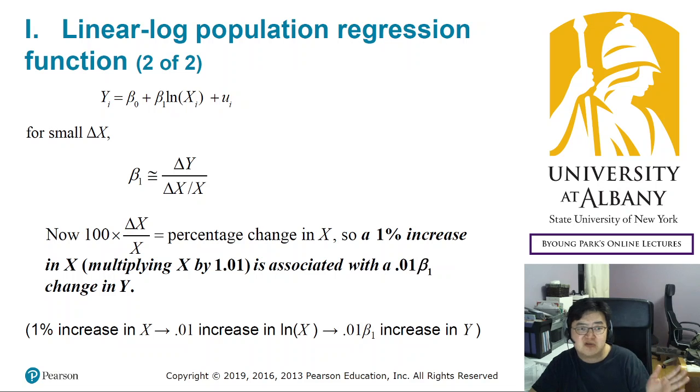Or equivalently, when x increases by 1%, y will increase by beta 1 divided by 100. You get it? So 1% increase in x implies 0.01 increase in log of x.